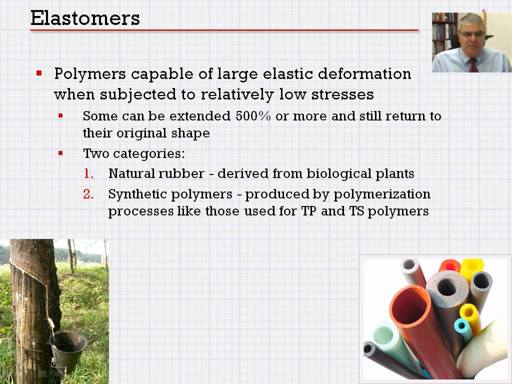This goes back centuries. However, synthetic polymers are more advanced and much newer than natural rubber. Synthetic polymers are produced by polymerization processes like those that we previously talked about, TP and TS polymers.